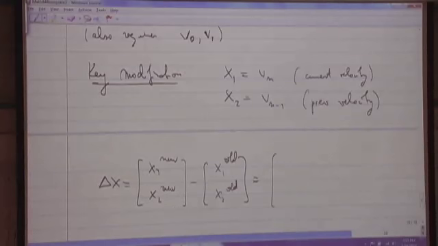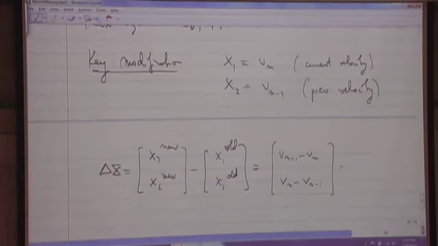It's going to be Vn plus 1 minus Vn, and Vn minus Vn minus 1.